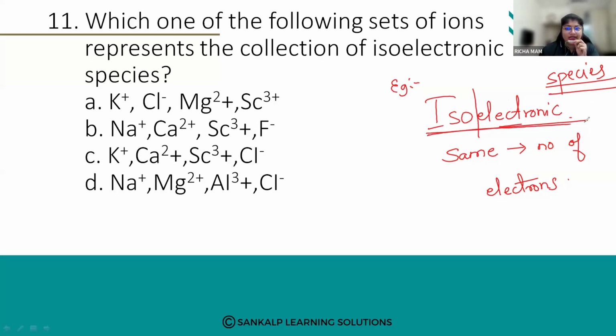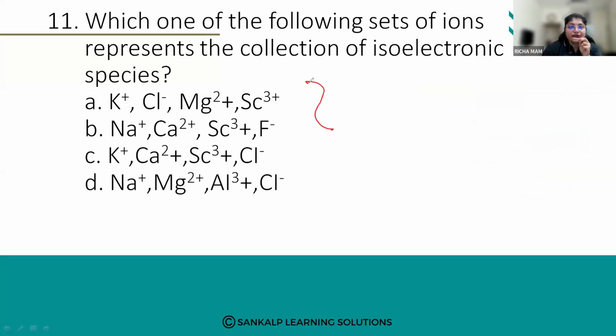Isoelectronic means same number of electrons. The species having the same number of electrons are termed isoelectronic. Now they have given you 4 different sets, and you have to see which is the correct set having the same number of electrons. So let us find out.